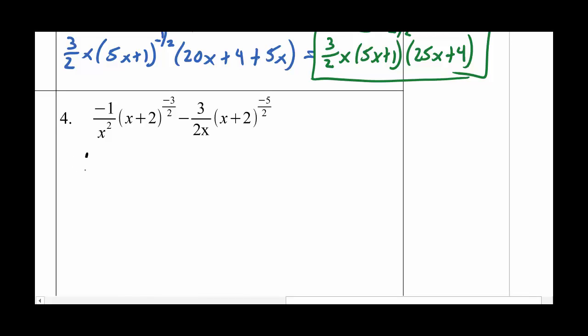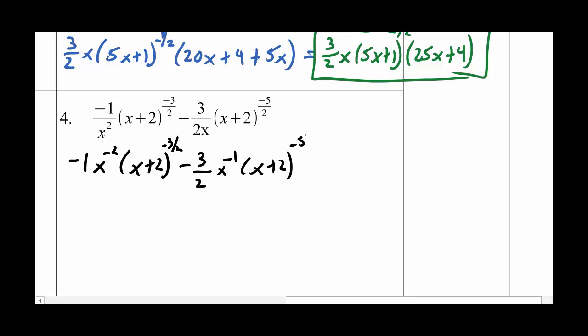So I'm going to rewrite this as negative 1x to the negative 2, because that's what x to the negative 2 in the denominator means, it's really a negative exponent up in the numerator. x plus 2 to the negative 3/2 minus 3/2 x to the negative 1, x plus 2 to the negative 5/2. Okay, so hopefully it's a little bit easier now to see what we can take out.